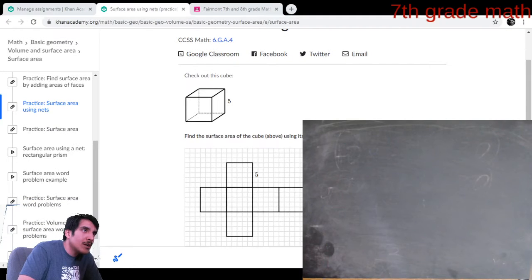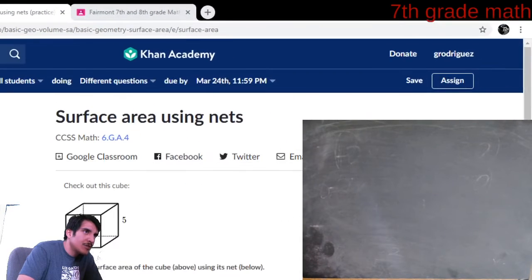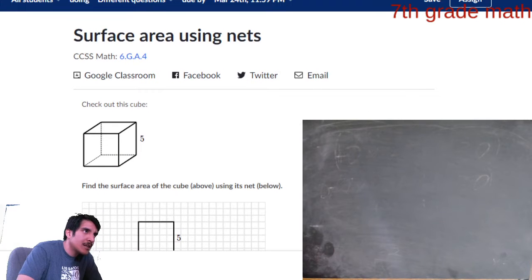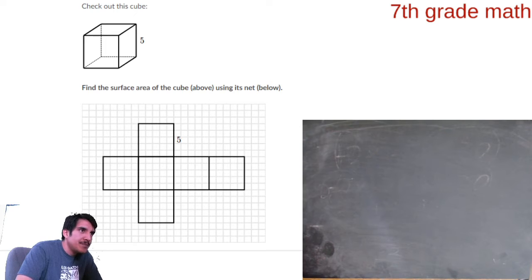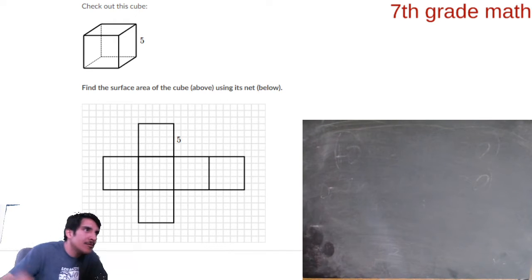So in your Khan Academy assignments, this assignment is called surface area using nets. Okay, so I'm going to enlarge this so that we can work on this problem here. A net looks like this, and you've probably seen a net in real life.